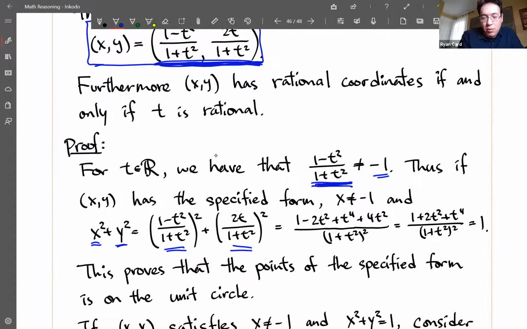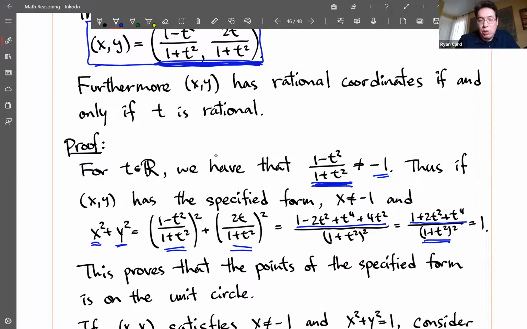If you multiply everything out in the numerator, here's what you get. Then you can combine the negative 2t squared with the positive 4t squared, and get positive 2t squared. You might notice that this is exactly the same as the denominator. If you multiply it out, you get the same thing. So this reduces down to 1.